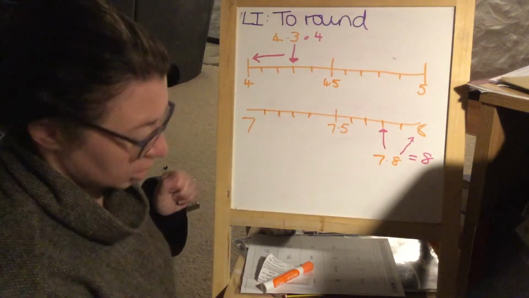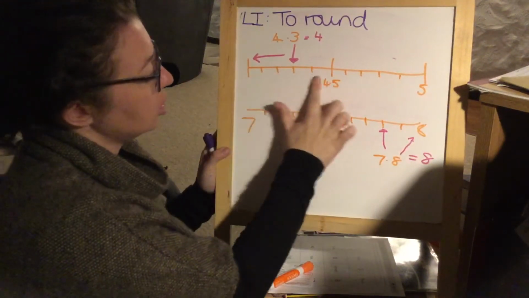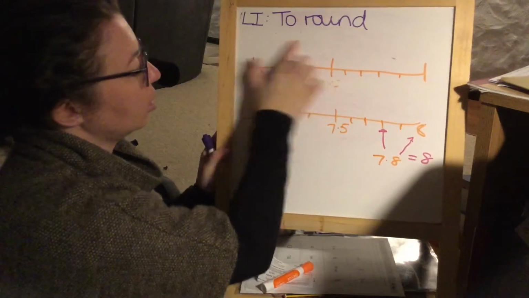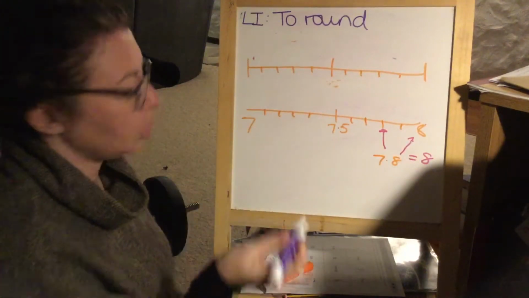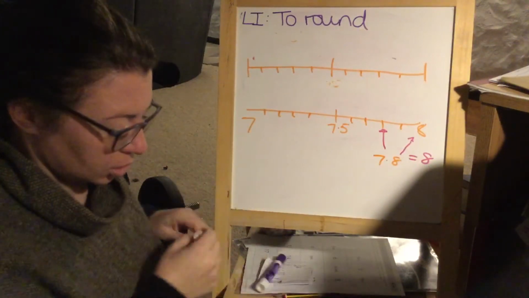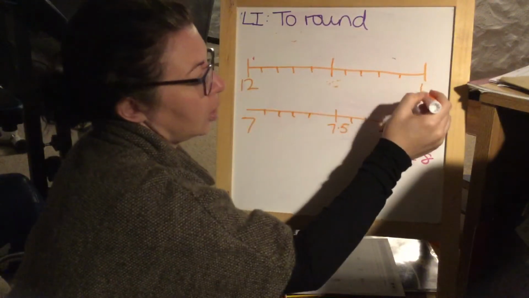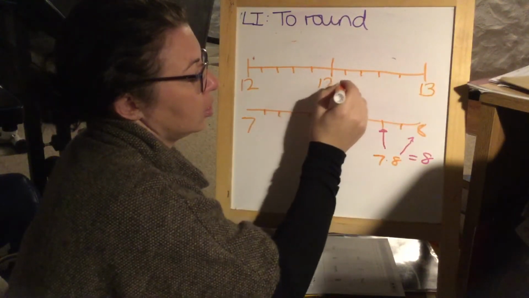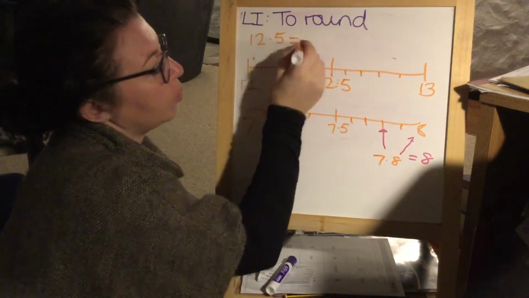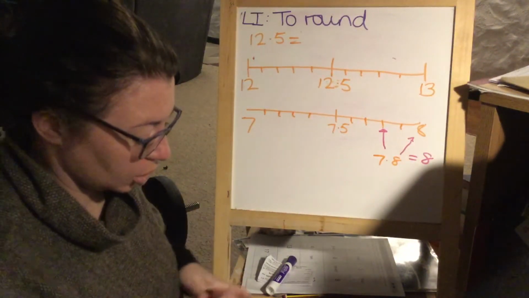If I change these numbers on the top one, if I change them to 12 and 13, and our number that we were asked to round was 12.5, which way would it go?